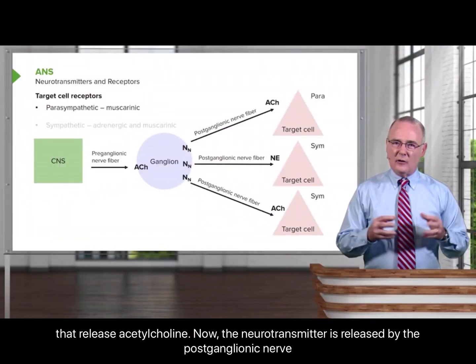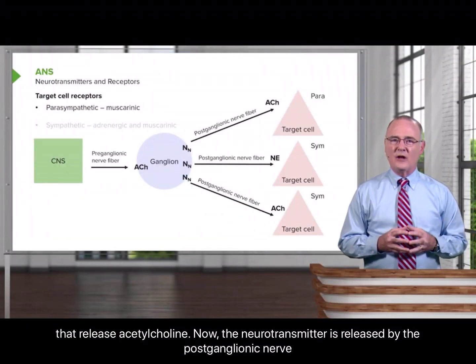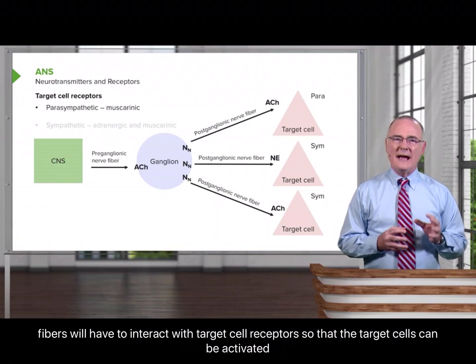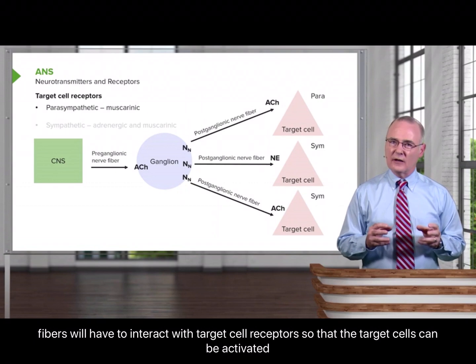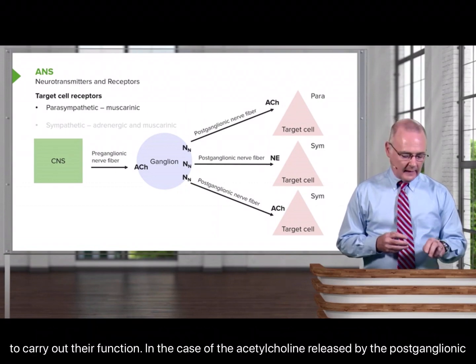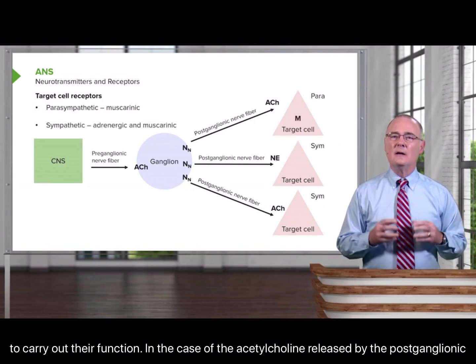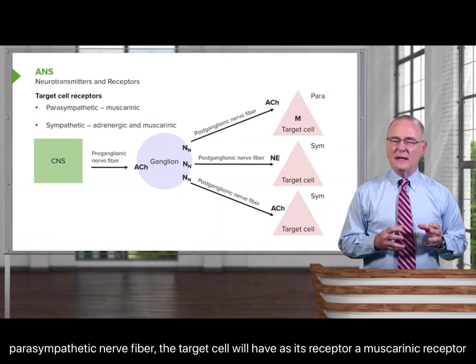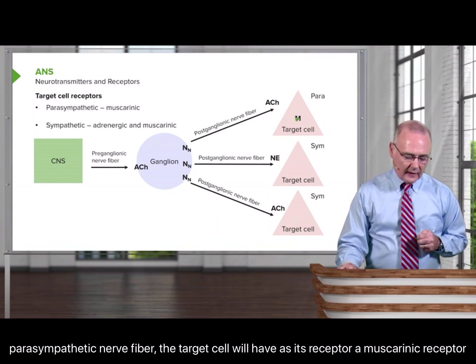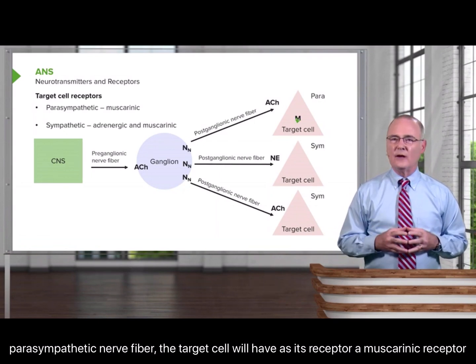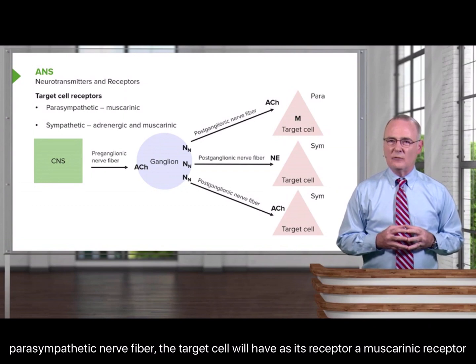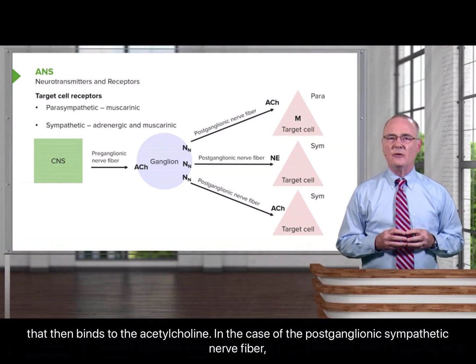Now, the neurotransmitters released by the postganglionic nerve fibers will have to interact with target cell receptors so that target cells can be activated to carry out their function. In the case of the acetylcholine released by the postganglionic parasympathetic nerve fiber, the target cell will have as its receptor a muscarinic receptor that then binds to the acetylcholine.